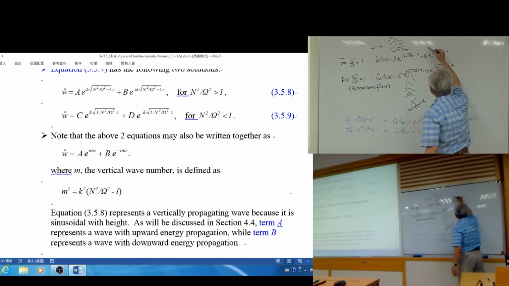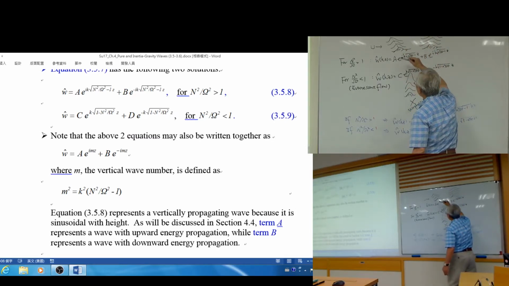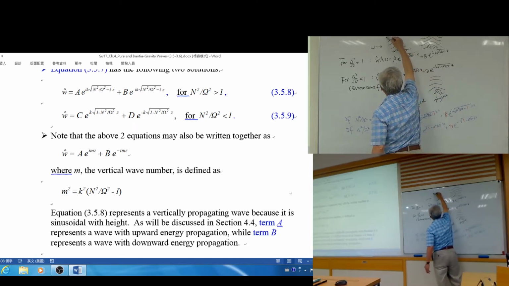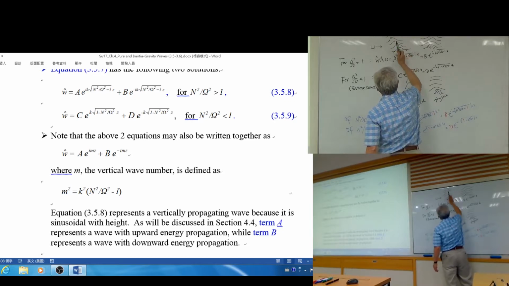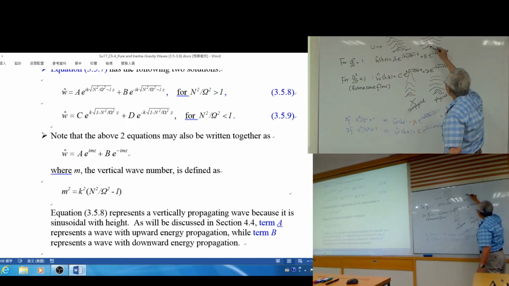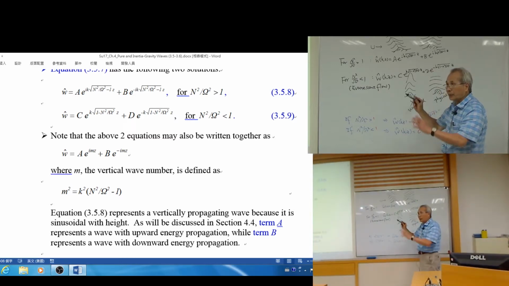And this one will have phase tilt like that, and repeating. And another one has a phase tilt, and this one tilts downstream. Later we're going to talk about it.